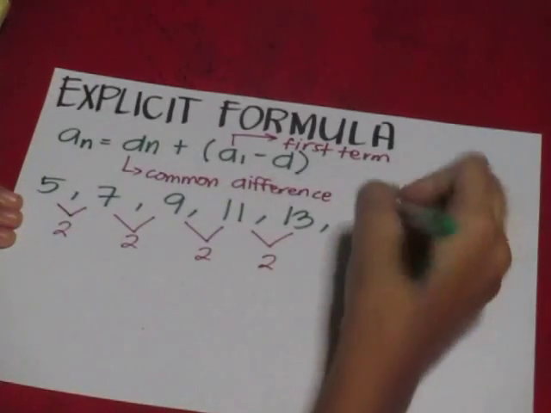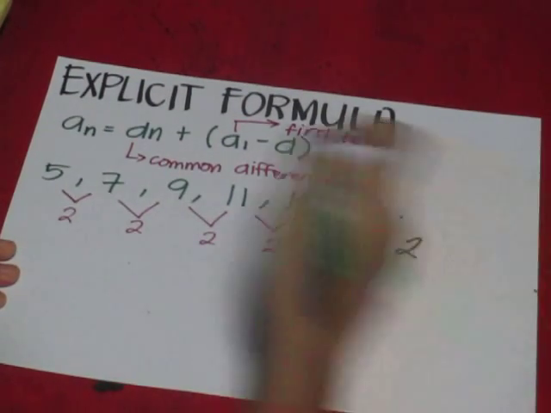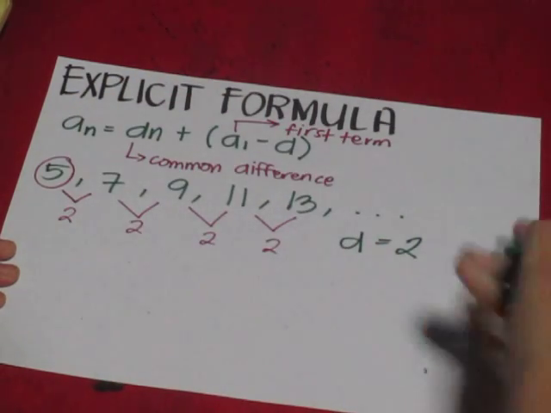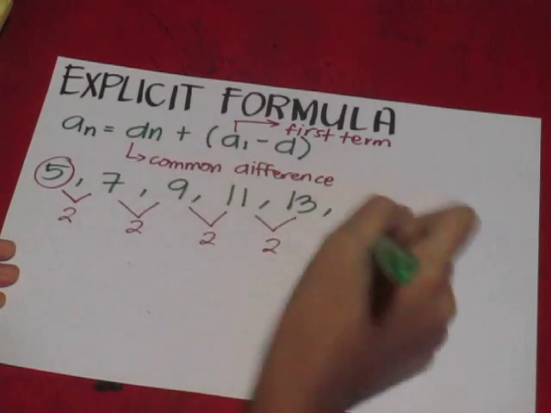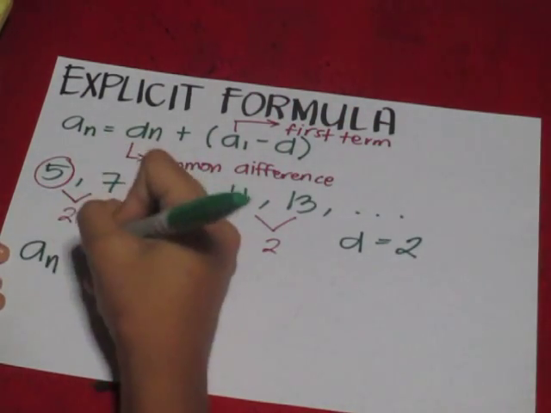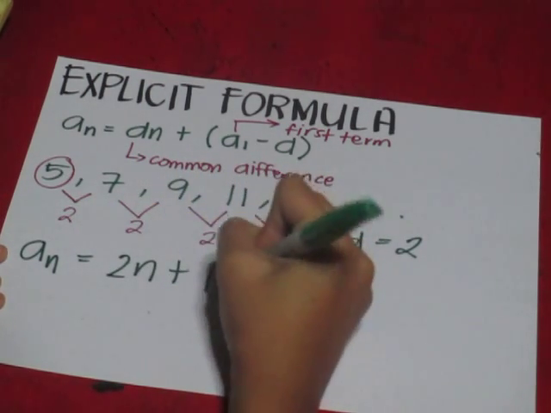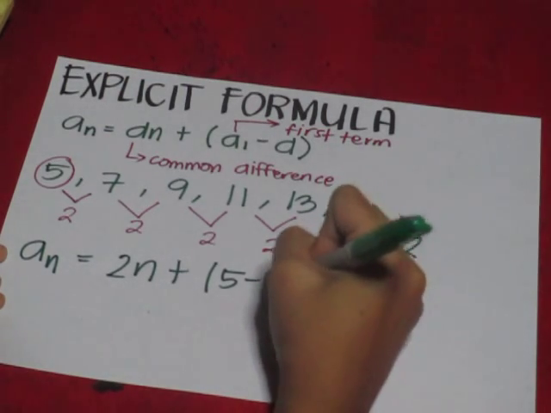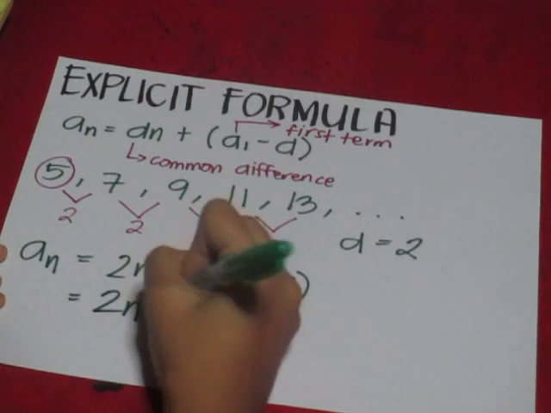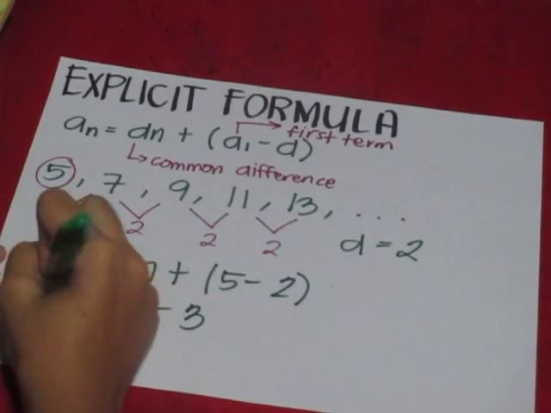That means our common difference is 2. Then our first term is 5. We're going to substitute the given into our formula. So that's a sub n is equal to 2n plus our first term minus our common difference, so that's 2n plus 3. Now that's our explicit formula.